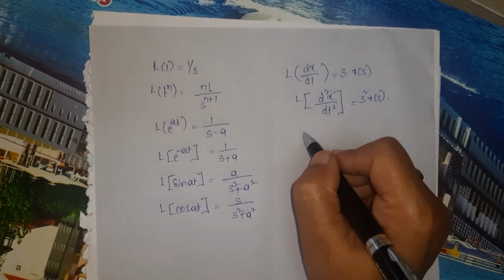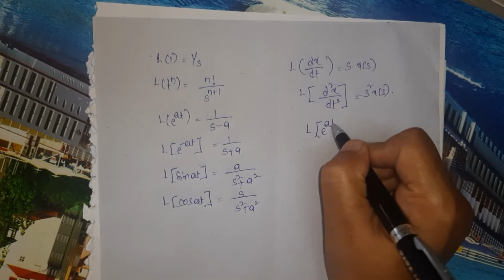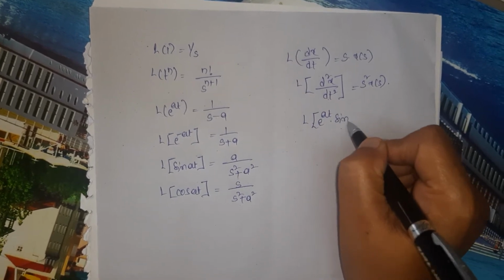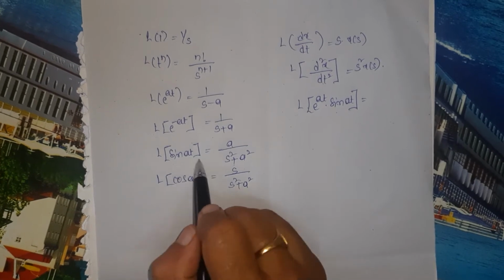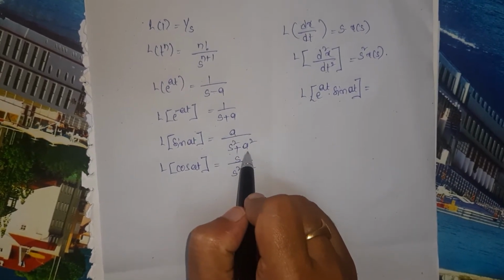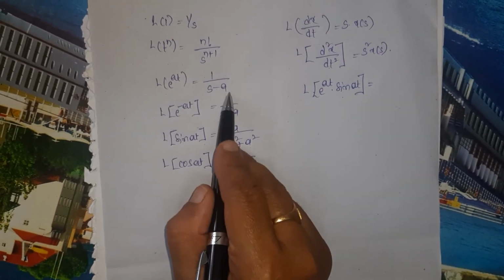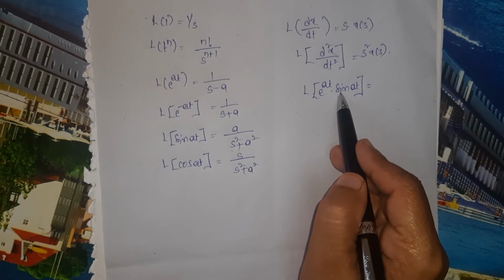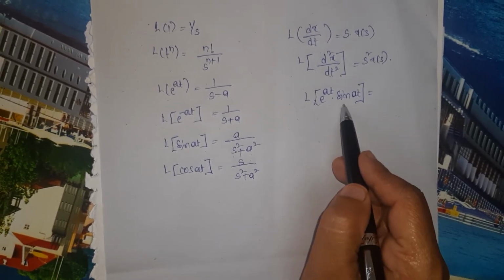Next, Laplace transform of e power at into sin at. Laplace transform of sin at individually we can write as a by s square plus a square, and Laplace transform of e power at is 1 by s minus a. But here we are multiplying the two functions. So how to write the Laplace transform of e power at into sin at?